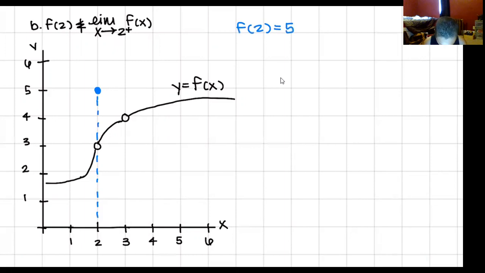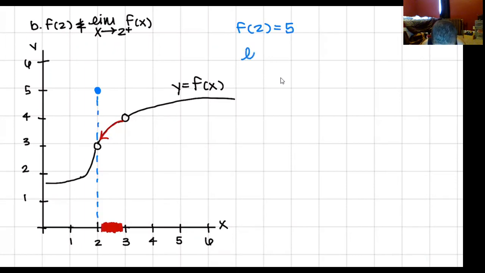And here comes the important part. The limit as x approaches 2 from the right. So I'm interested in x values which are greater than 2, which are going to be here. And when we jog up, as we go from 3 towards 2, our values decrease towards the value 3.